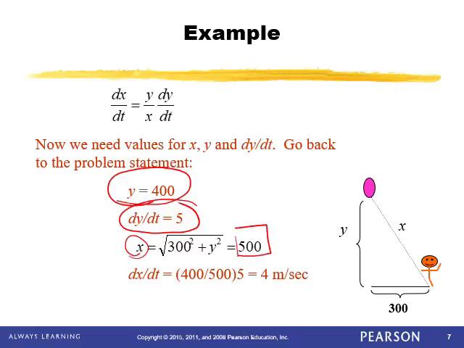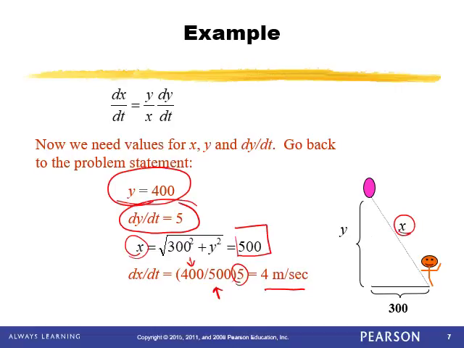And so now dx/dt is just y over x times dy/dt. So y is 400, x is 500, and the rate is 5 meters per second. So dx/dt, the rate at which x is changing, is 4 meters per second.